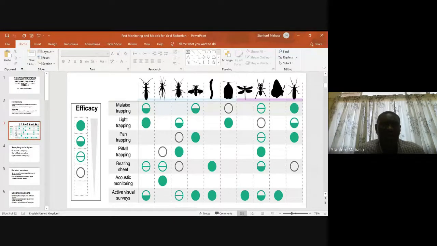Or we can actually conduct some surveys where we move into the field and visually look for these insects. So we can have active visual assessments so that we have an idea about the insect pests.